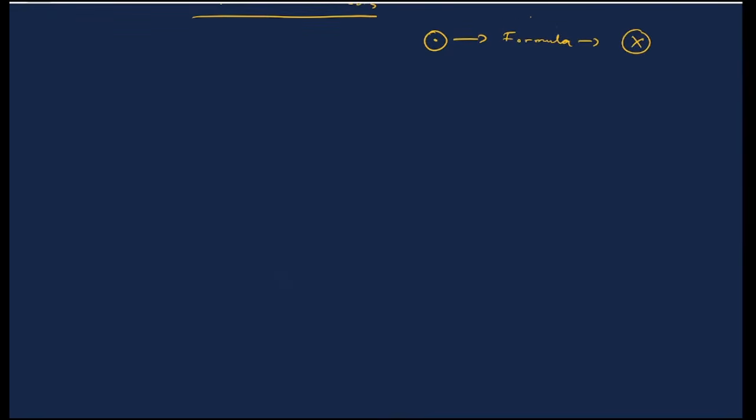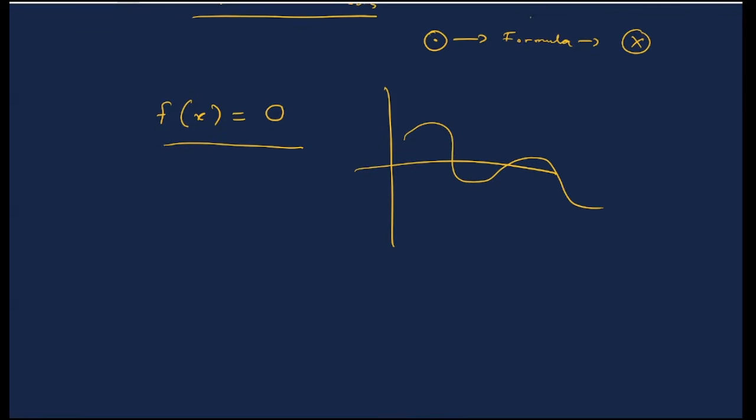Let us now discuss how the fixed point iteration method works. In our previous numerical methods, we were given some functions, and we got the function in this form. And if we look at the graph, we were trying to find the points where this function intersected the x-axis.